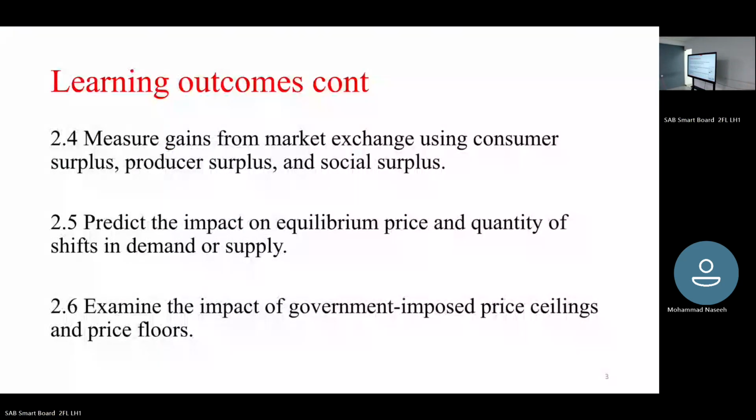Number 1, substitute product. Then after that, supplementary product.